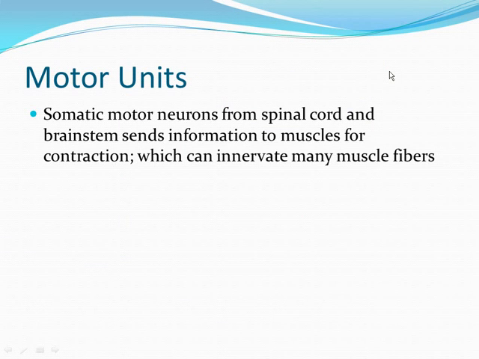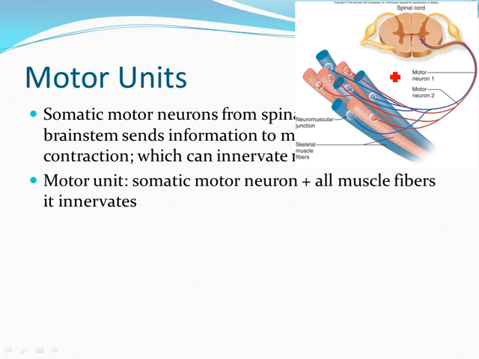Okay, somatic motor neurons. From the spinal cord, the somatic motor neurons will send information from our brain to our muscles for us to contract. These somatic motor neurons can innervate not just one muscle fiber, but multiple muscle fibers too.